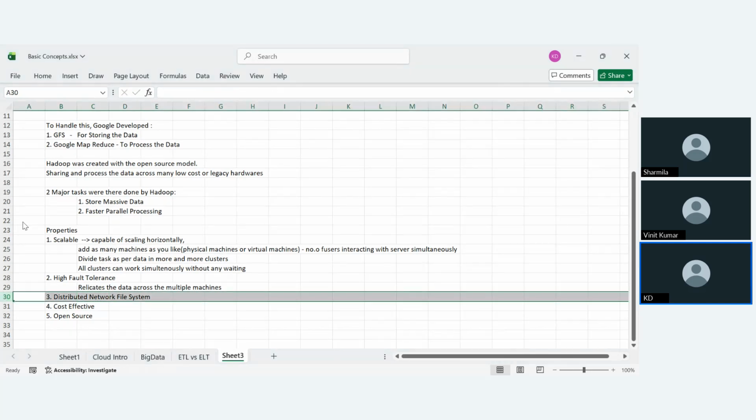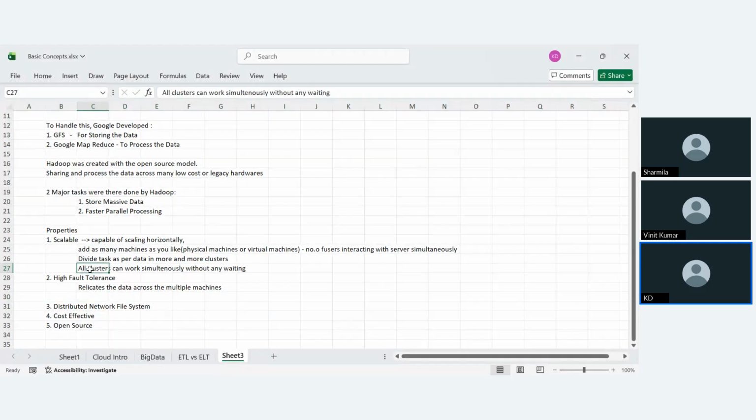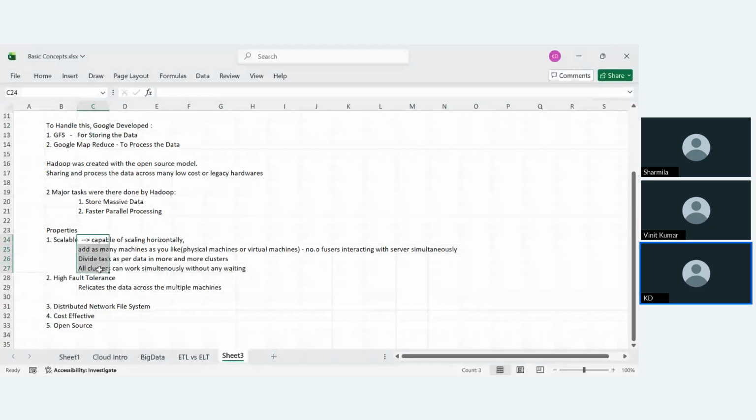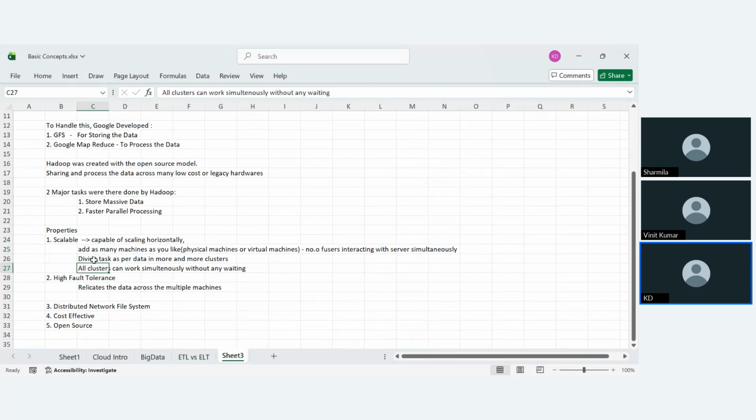Let's say there are 1,000 clusters created for the data, and 1,000 users working at the same time. If even 50 clusters got damaged, which was very unlikely with Hadoop because it was very secure and fast, the other 950 clusters were capable of handling the load of those 50 clusters.